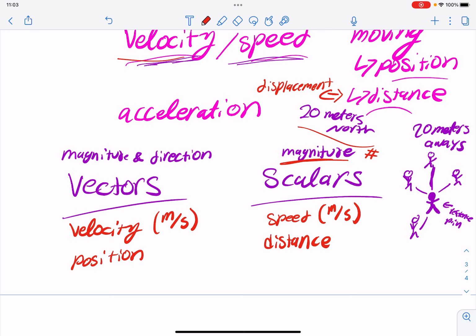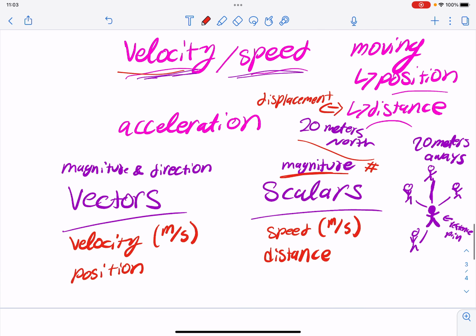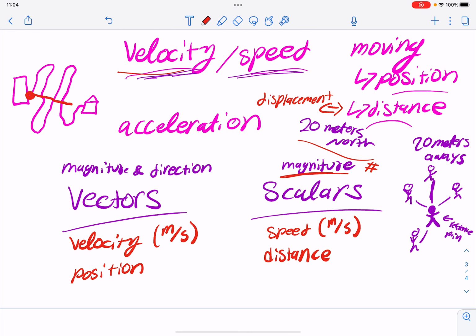A distance is just how far you traveled. So if I start at the supermarket, let's say this is a supermarket, and I want to get to my house, my distance would be how far I walked. It'd be this entire path. Now, my displacement would be from beginning to end, a straight line, right?